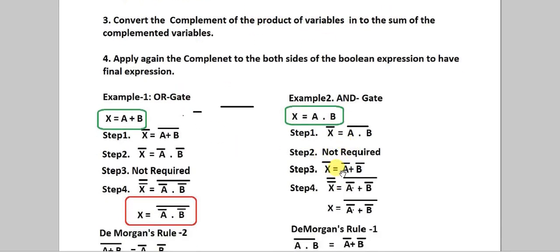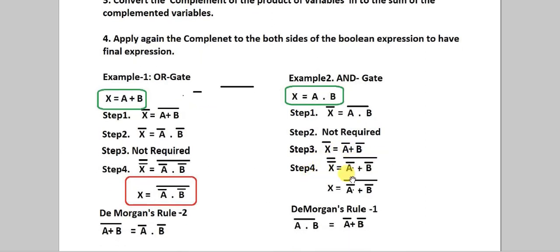So we have a complement plus b complement. In step 4 we double complement again, and x is equal to a complement plus b complement, the whole complement.